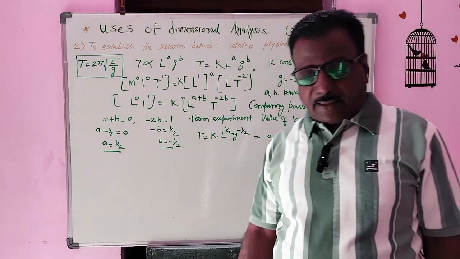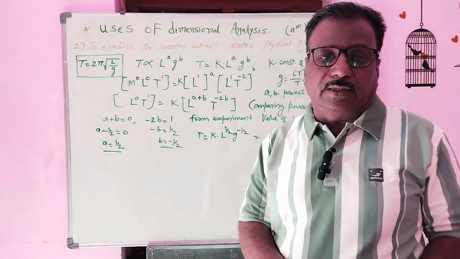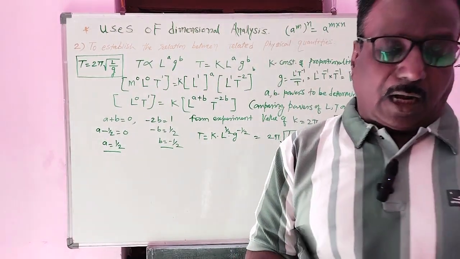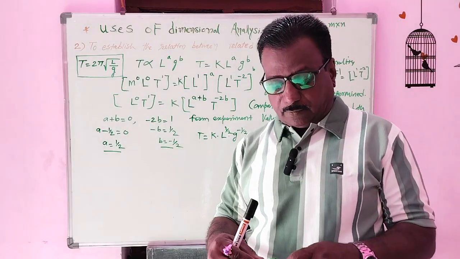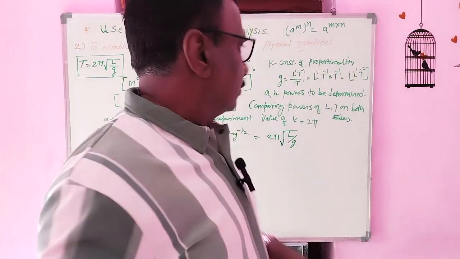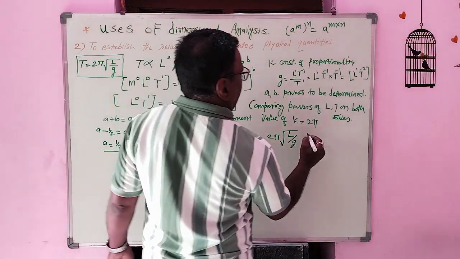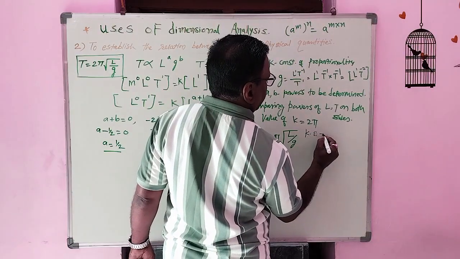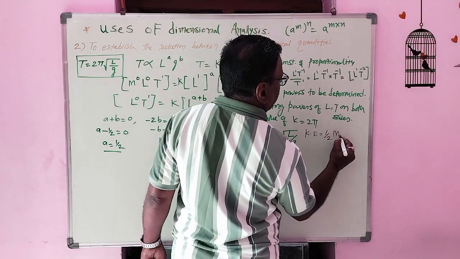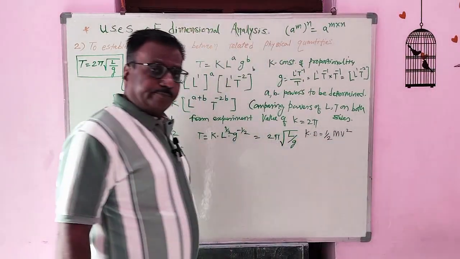We know that kinetic energy is equal to half mv square. So we take another example. Kinetic energy is equal to half mv square.